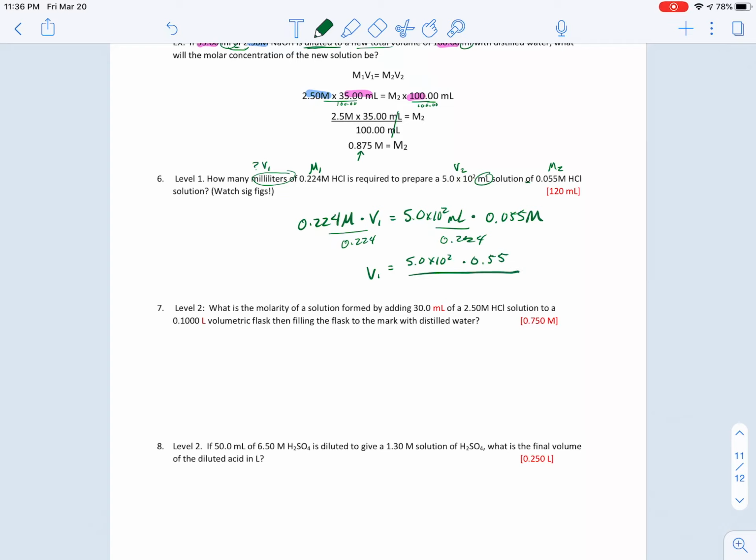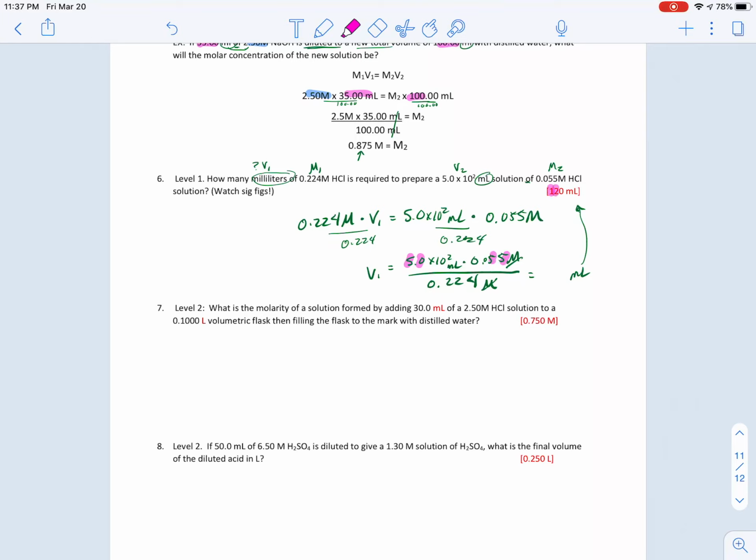That's going to give me volume is equal to 5.0 times 10 to the 2 times 0.055 over 0.224 molarity. Notice that this was a molarity and that was a molarity, so those cancel. And notice that will give me the correct unit, which is milliliters. You plug that in your calculator, you're going to get that number.